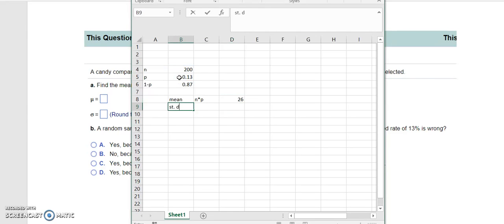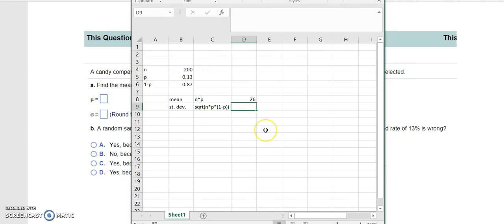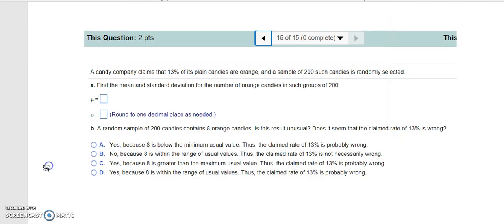And then your standard deviation would be the square root of N times P times 1 minus P. So that's the standard deviation formula, which is the square root of N times P times 1 minus P. So that's your standard deviation. Put those numbers in the mean and standard deviation box and move on to part B.